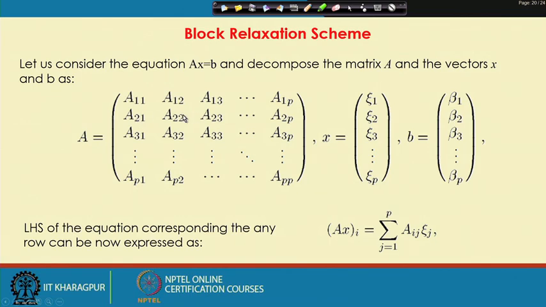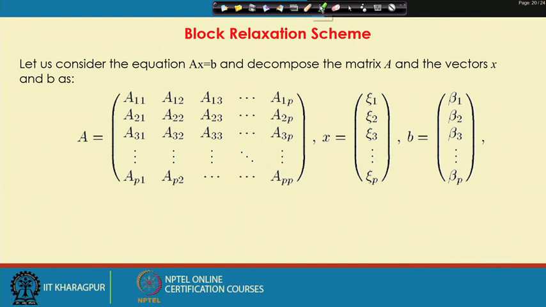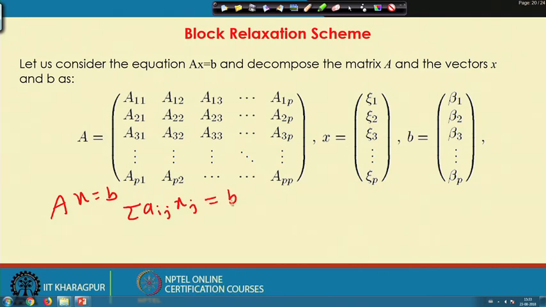So, what is the first row of this equation? If we go back, we are solving Ax = b. The first row will be Aij xj = bi. If we think of a block partitioning, this can also be expressed as the summation of A1i xi.